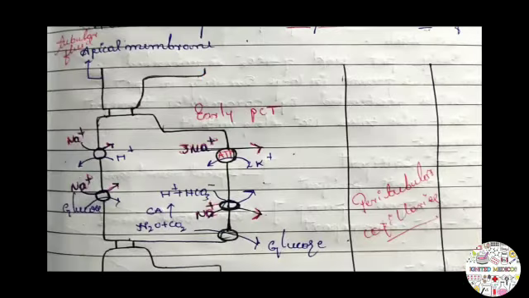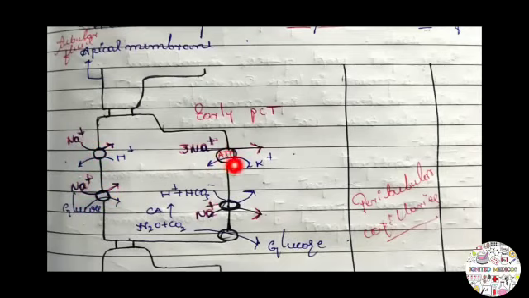Now just have a look at this picture, in which this is the part where our glomerular filtrate is flowing in the PCT. This is the apical membrane of the PCT cells, and this is the basolateral membrane. The sodium hydrogen antiport system is located on the apical membrane, and the sodium glucose symport is also located on the apical membrane.